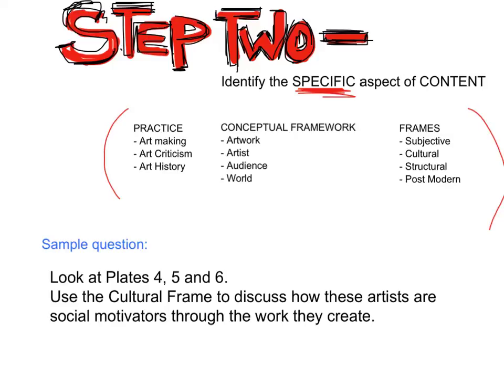In this question, as I said, it's quite obvious it is the cultural frame. Just a reminder that the cultural frame is concerned with social class, politics, what's going on in the world, ideology, pretty much anything cultural, is what we're looking to address when dealing with a cultural frame question.